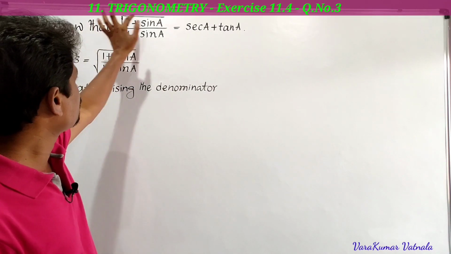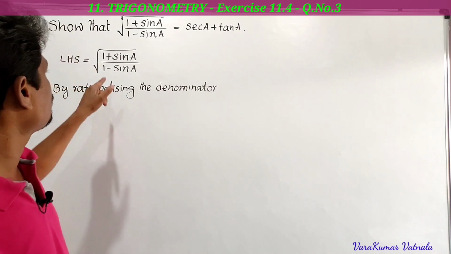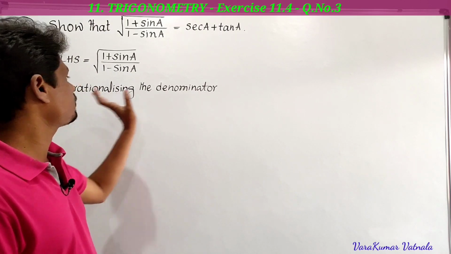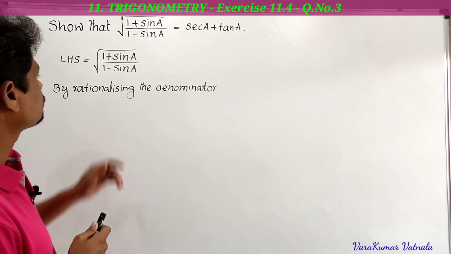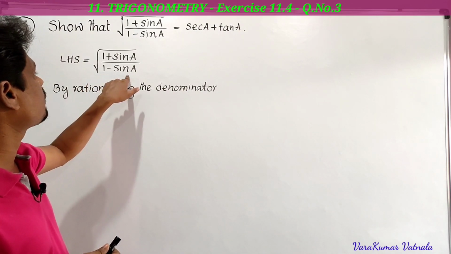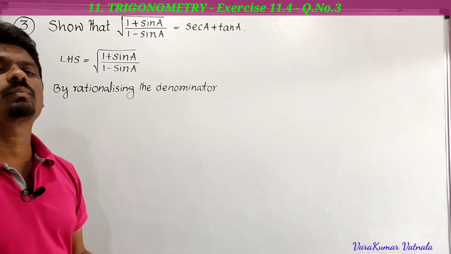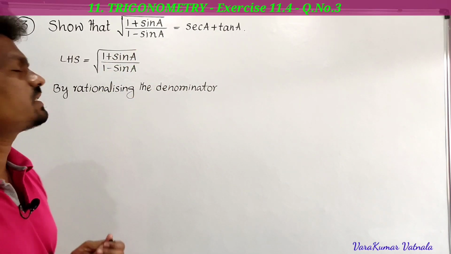LHS is what? Square root of (1 plus sin a) by (1 minus sin a). When you find a square root term in the denominator, you have to rationalize it. So rationalizing the denominator: what is the denominator? Square root of 1 minus sin a. What is the rationalizing factor? Square root of 1 plus sin a. So we multiply and divide by square root of 1 plus sin a.